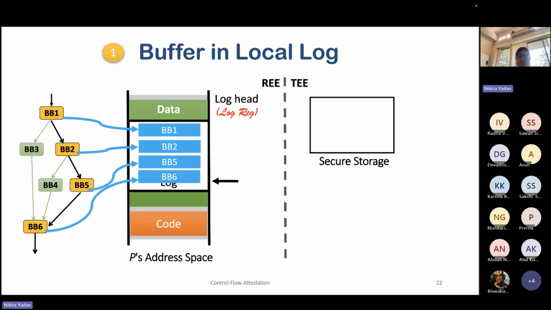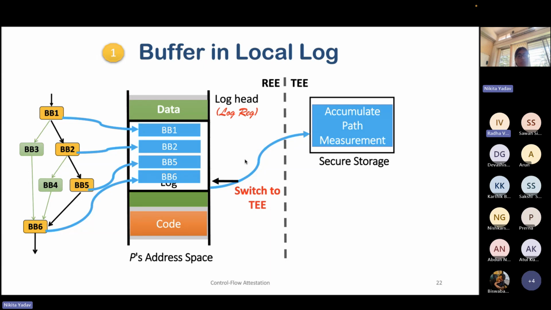And when the program finishes execution, we are going to switch to the TEE, and we are going to flush these log entries into the TEE, which is then going to sign these measurements and send them back to the verifier for verification.